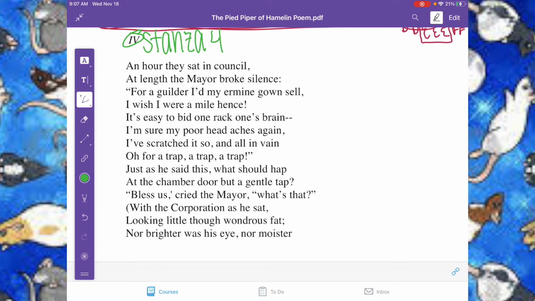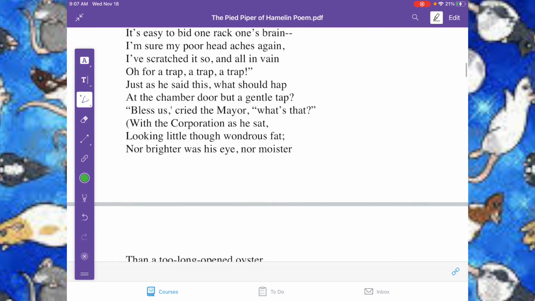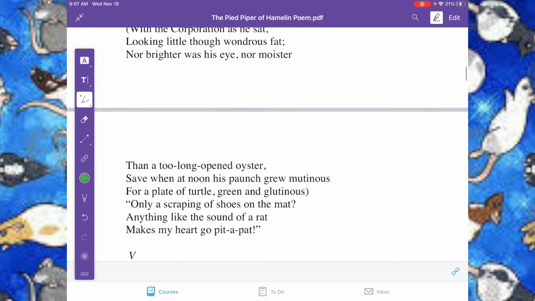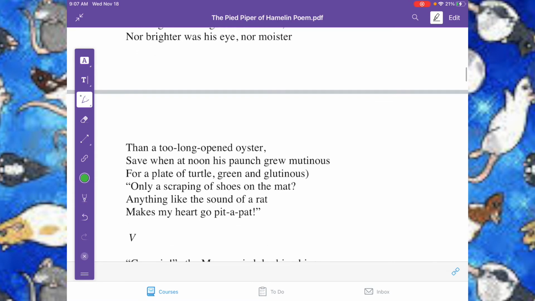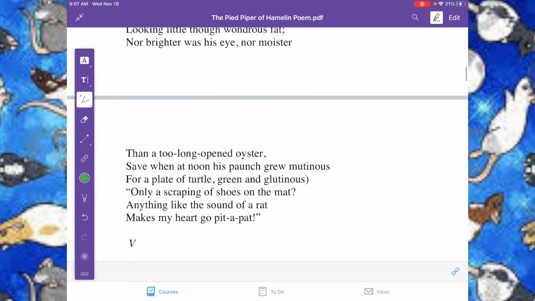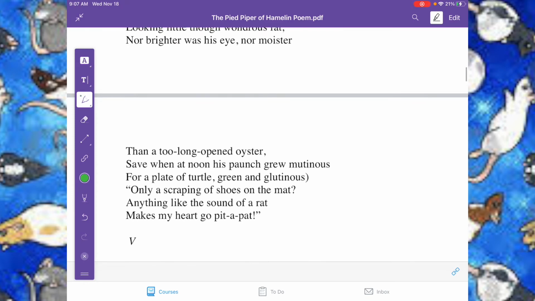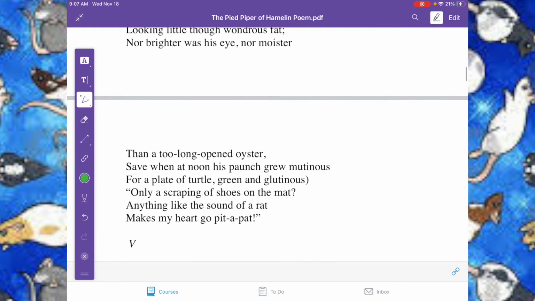Bless us, cried the mayor, what's that? With the corporation as he sat, looking little through wondrous fat, nor brighter was his eye, nor moister than a too long opened oyster, save when at noon his paunch grew mutinous for a plate of turtle green and gluttonous, only a scraping of shoes on the mat. Anything like the sound of a rat makes my heart go pit-a-pat.